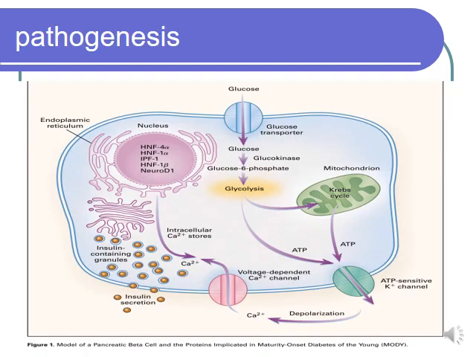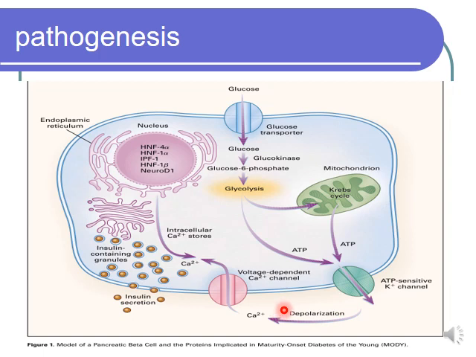So coming to the pathogenesis of maturity onset diabetes, in this diagram you can see there is glucose which is taken up by the beta cell by means of a glucose transporter and the enzyme glucokinase. It's converted to glucose 6 phosphate, and glycolysis leads to generation of ATP. So the ATP sensitive potassium channel closes.